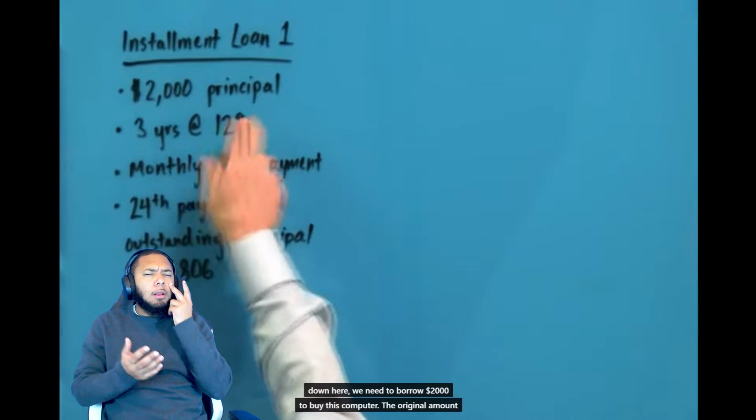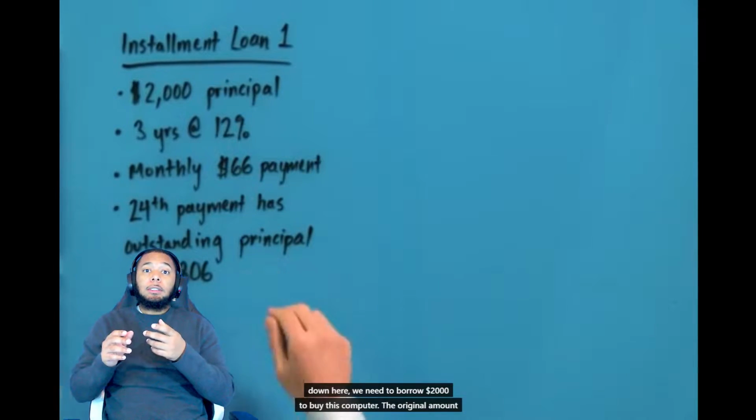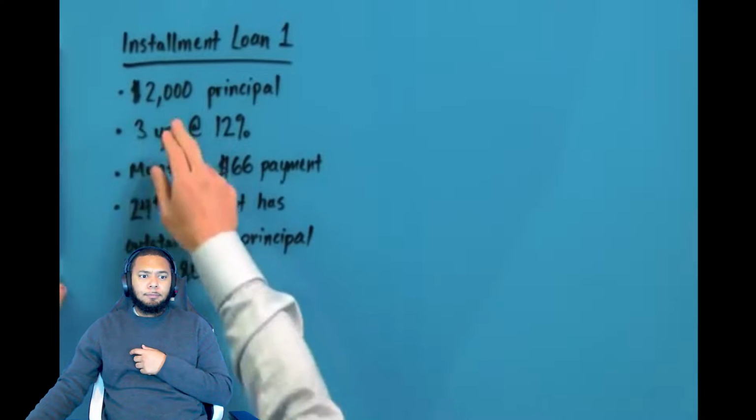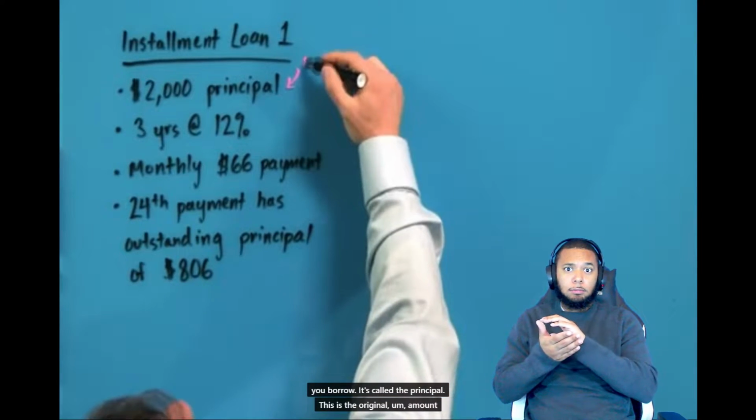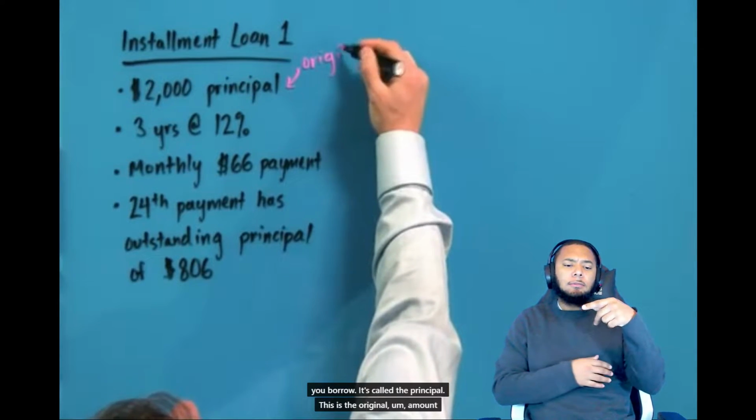Let's take a look at what the implications of this are and how much of that monthly amount you are sending to the bank in terms of how much you owed and how much you owed in interest. So down here, we need to borrow $2,000 to buy this computer. The original amount you borrow is called the principal.